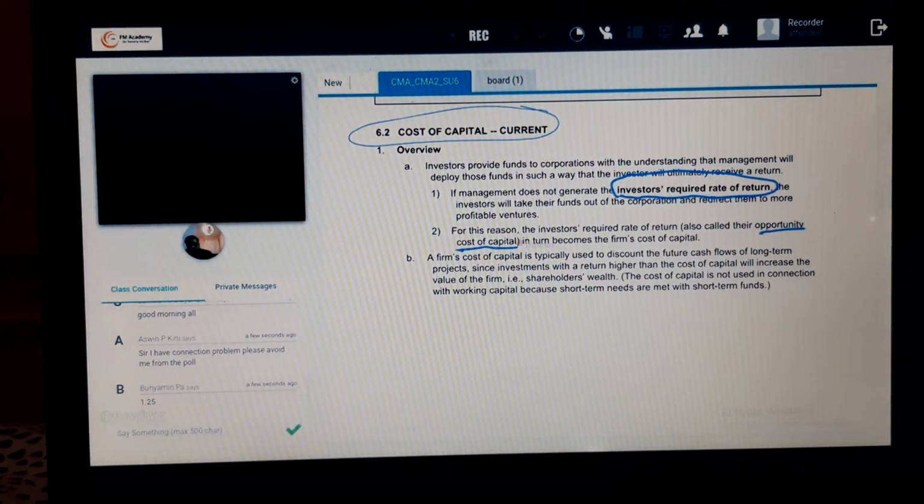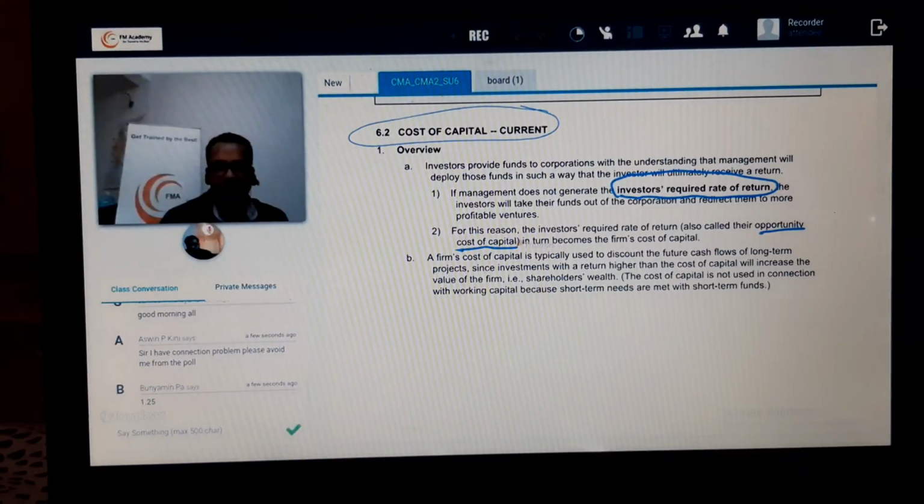If the company is making more return than the cost of capital, then only the company can increase the value of the firm. If the company is generating a return which is inferior to the cost of capital, the company is not creating any economic value. It will not generate a return for the shareholders.